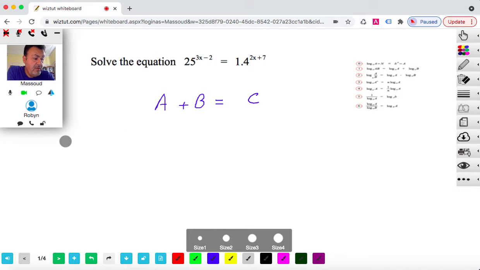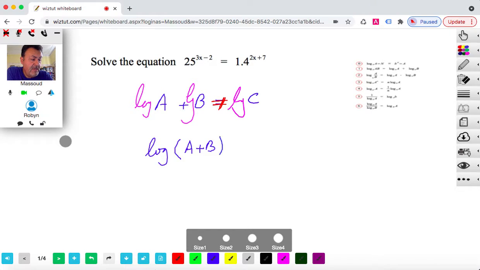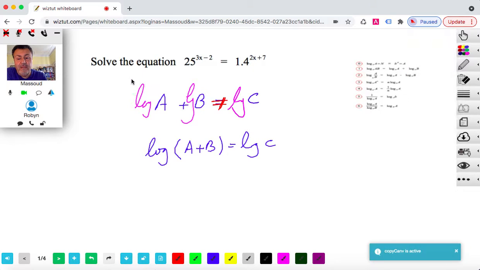So you can't write log of a plus log of b is equal to log of c. That's no longer the equation that it was before. So in these situations, you can do log of the whole of the left-hand side is equal to log of the right-hand side. That we can do. So be careful with that.